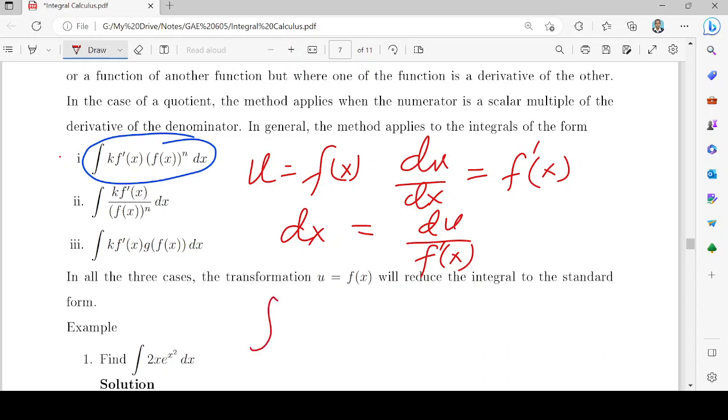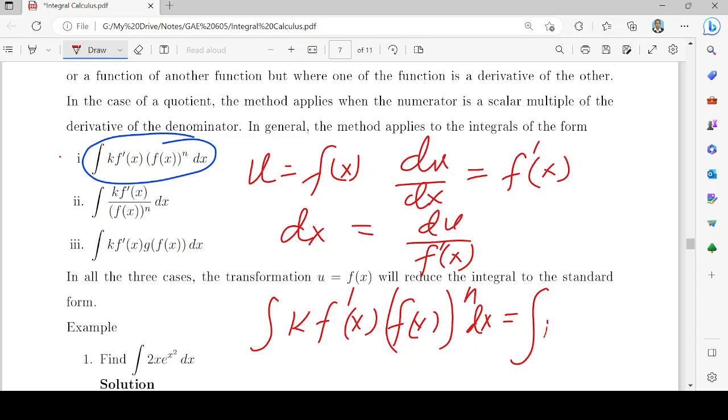So in this integral where we have k times f prime of x times f of x raised to power n dx, this becomes the integral of k f prime of x, then u raised to power n, then du divided by f prime of x.